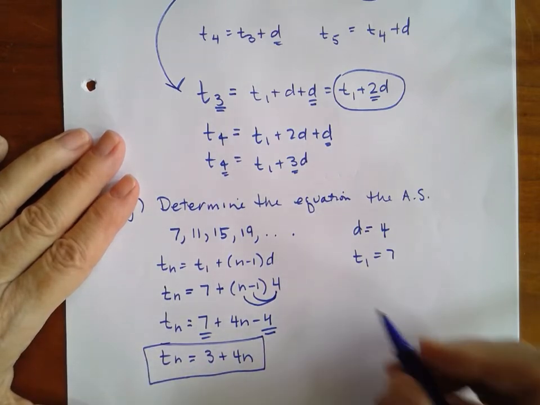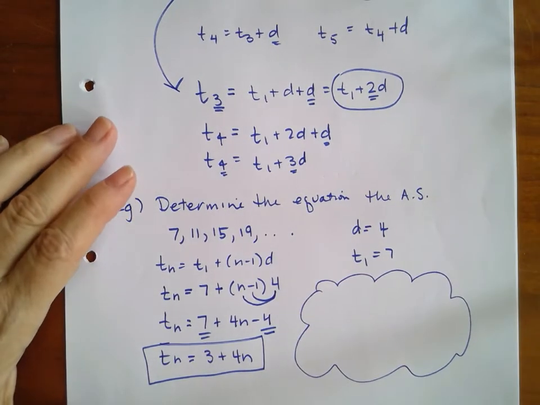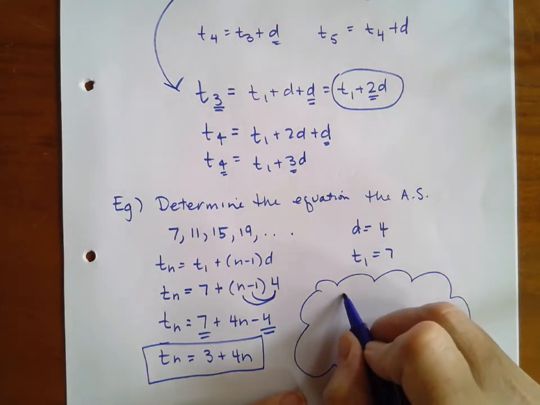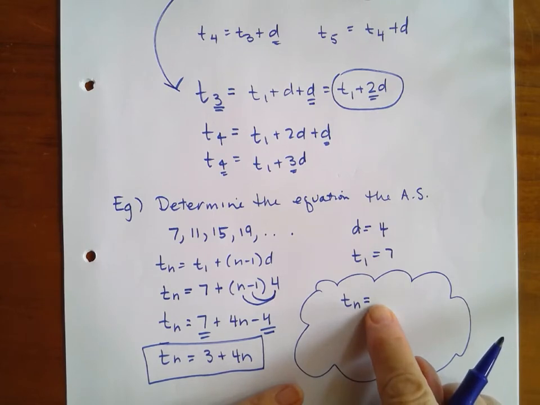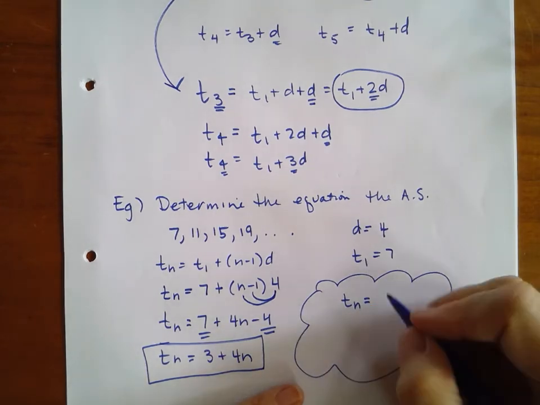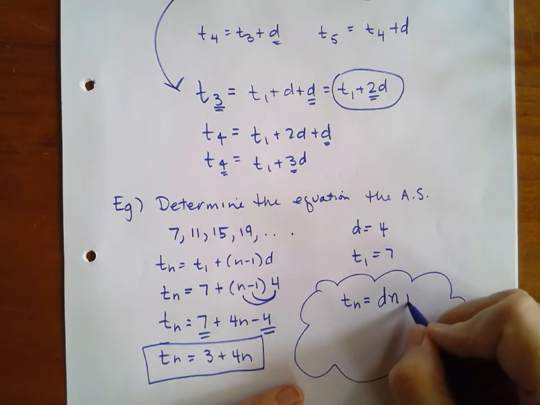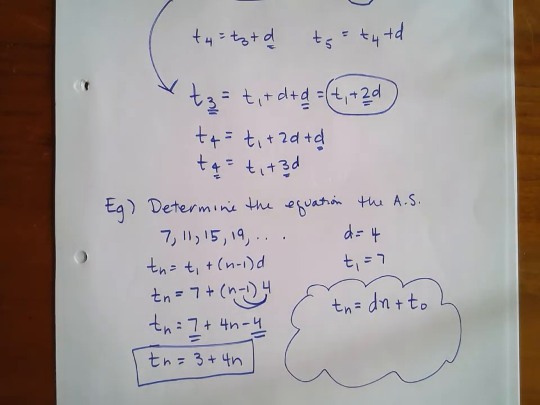I also said there's another way to link this back to something we knew from before, which was y equals mx plus b. T sub n is always d, the difference, times the n, plus whatever t sub 0, this fictional term, is.